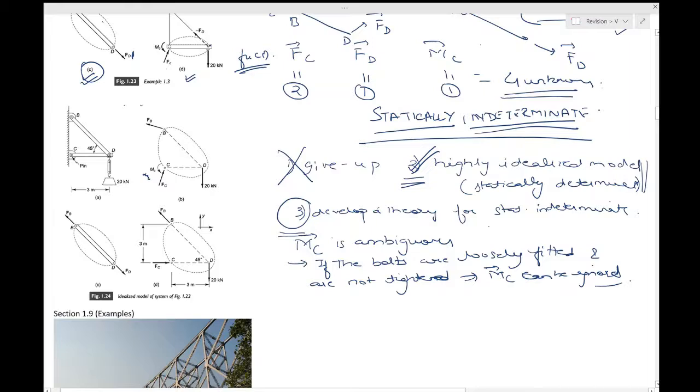But the good part is that because it's loose and not tightened enough, there can be a free rotation around here, and hence this bolt can actually be idealized as a pin.